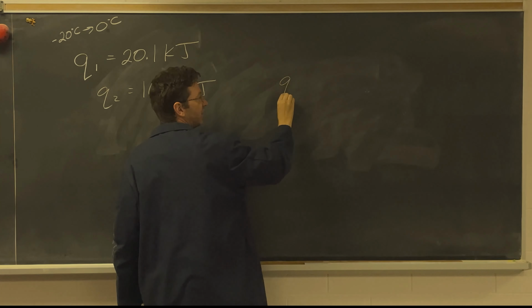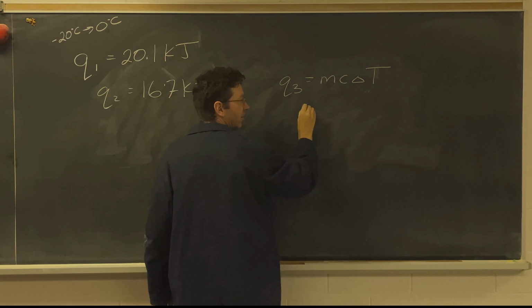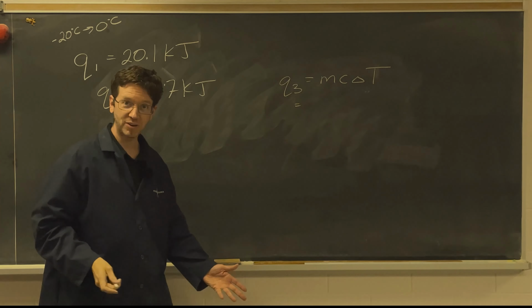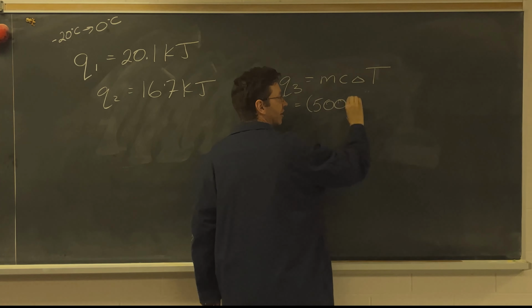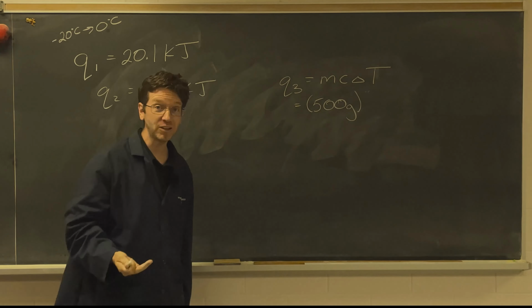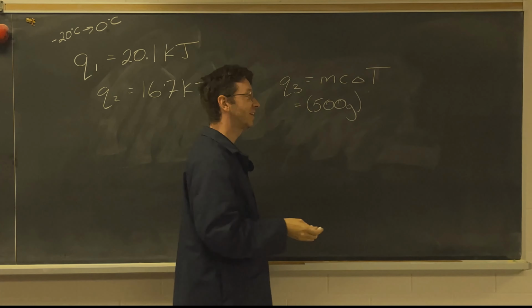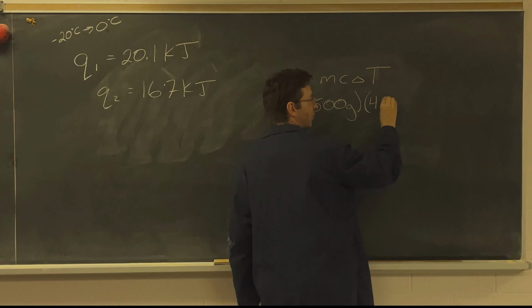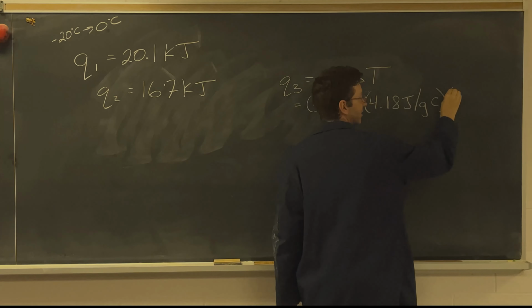All right, so let's call this one Q3, mcΔT. Our mass, 0.5 kilograms, but we're going to use grams, so 500 grams. Times C, it's now liquid water, so we're going to use the specific heat capacity for liquid water, 4.18 joules per gram degree Celsius.